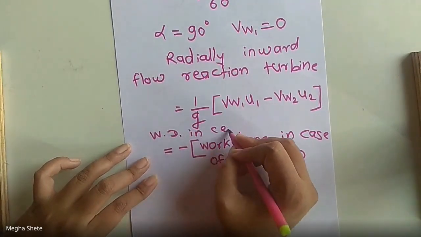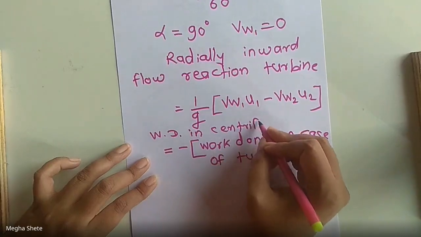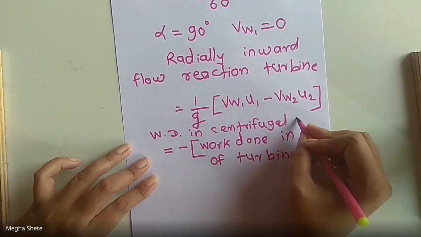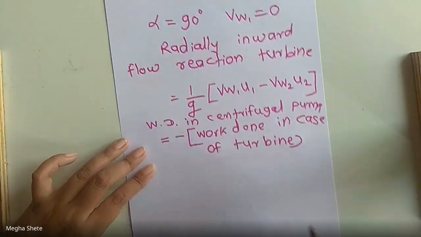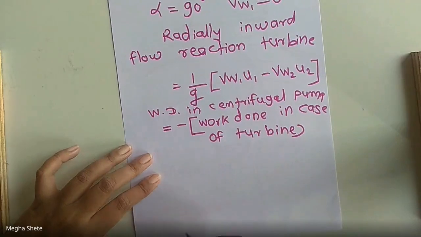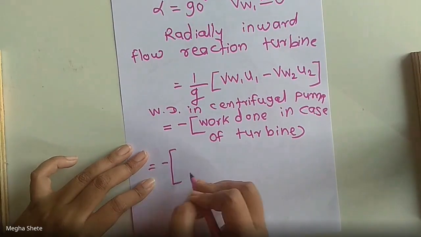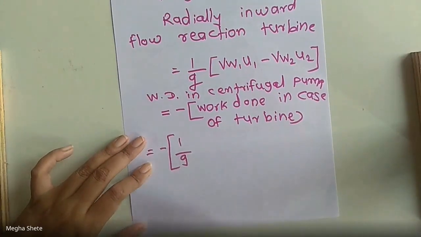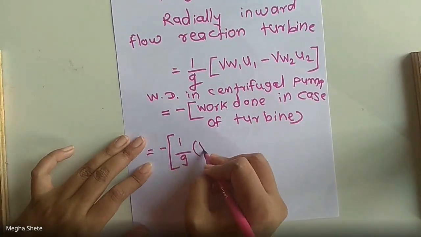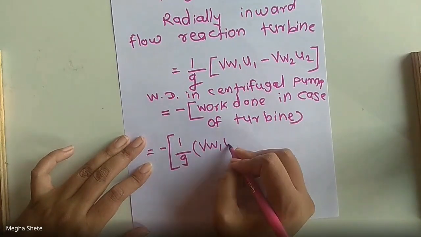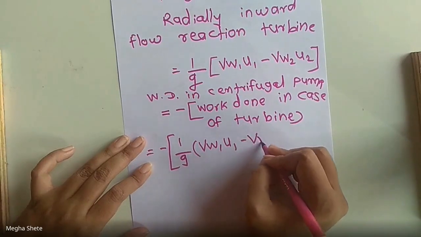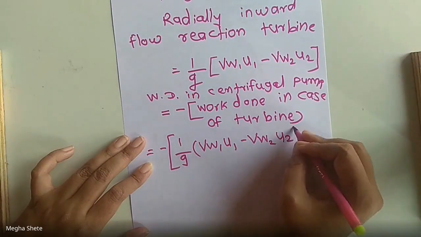Therefore, minus 1 divided by G into bracket VW1 U1 minus VW2 U2.